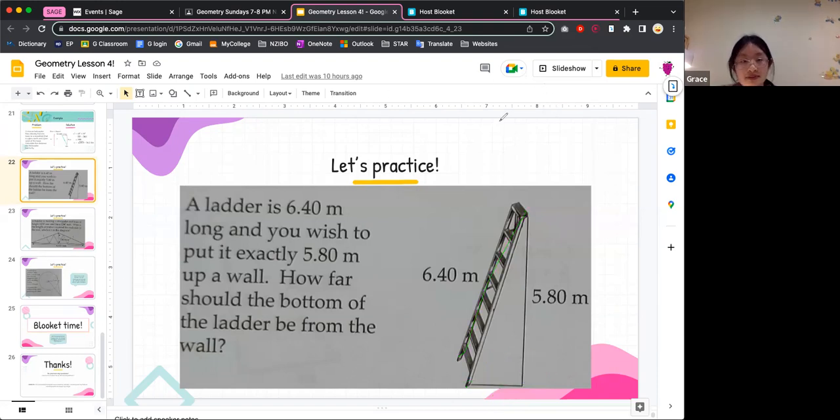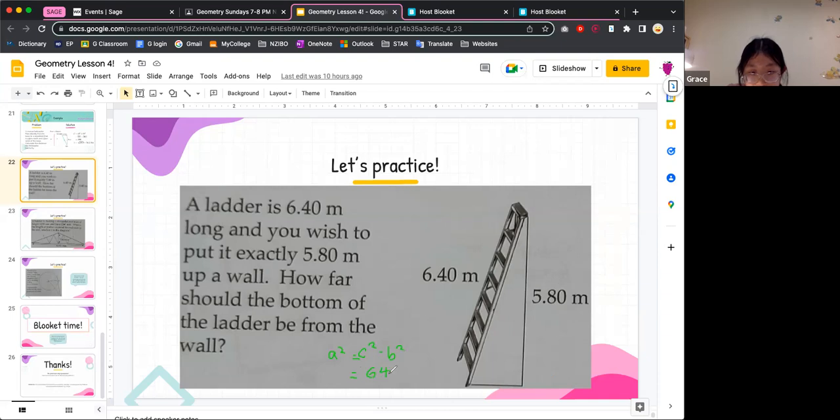That is good. And the way we got that would have been a squared equals c squared minus b squared. So c squared is the hypotenuse, right?